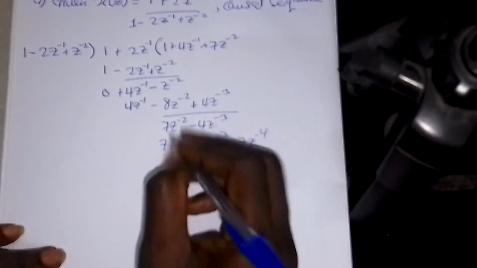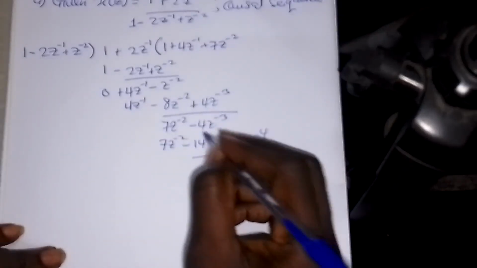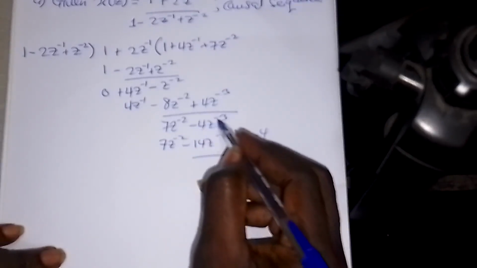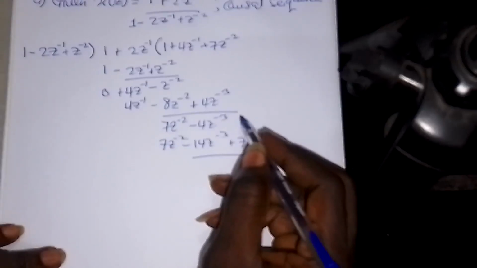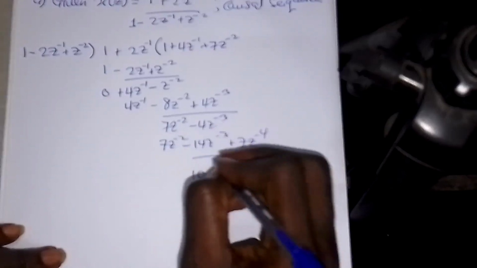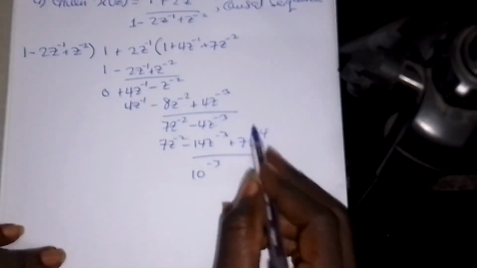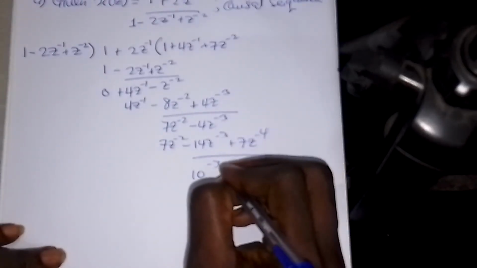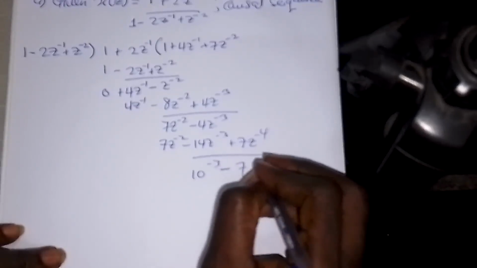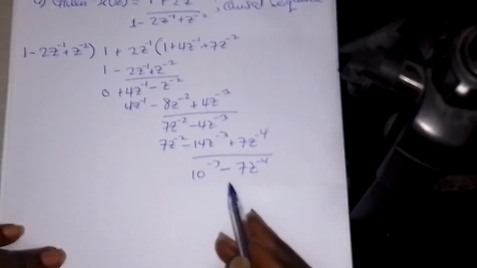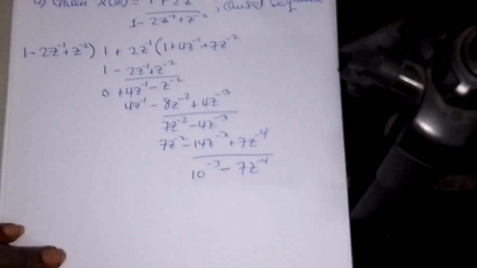If I subtract here, I'll get 0. Here I'll get minus 4 minus 14, which will be minus 10z^-3. Here I'll get 0 minus 7, so negative 7z^-4. So it can go on and on.